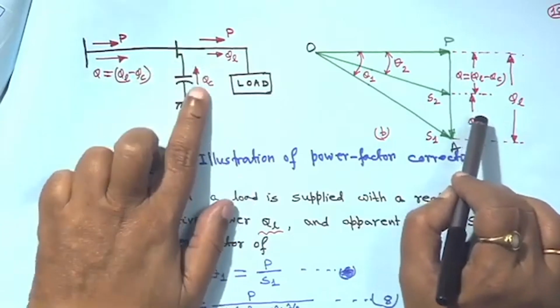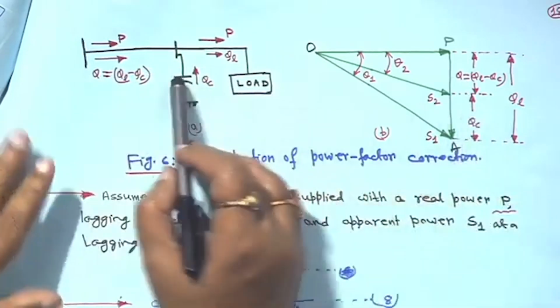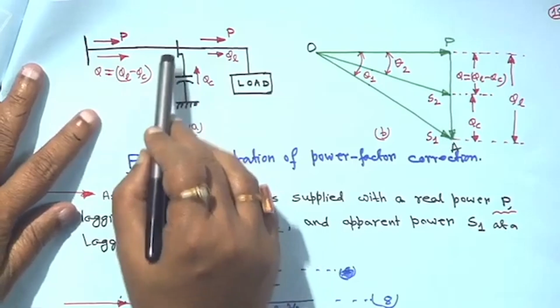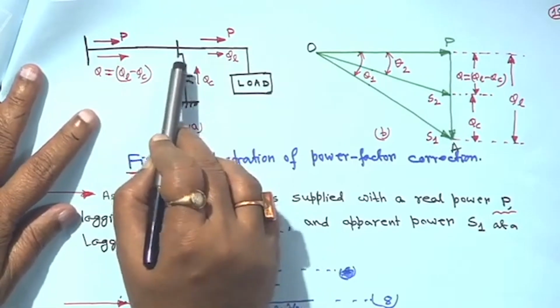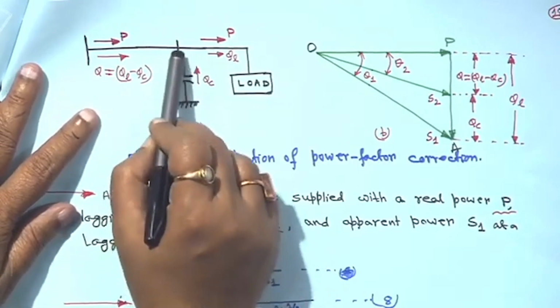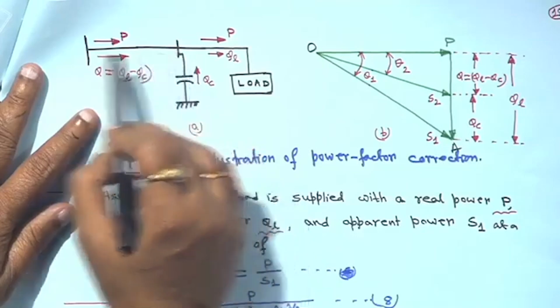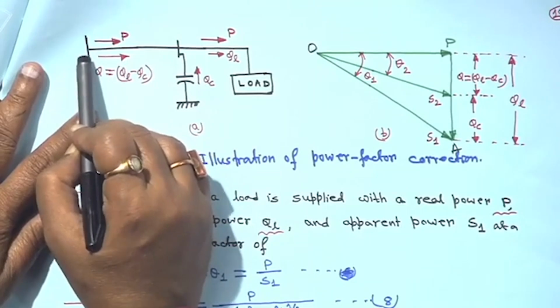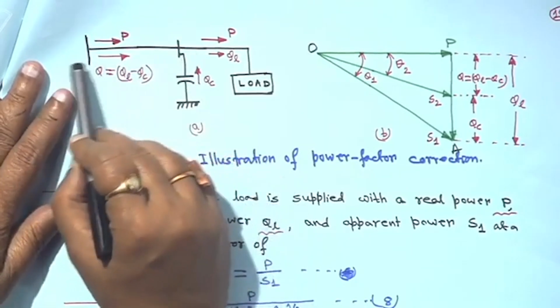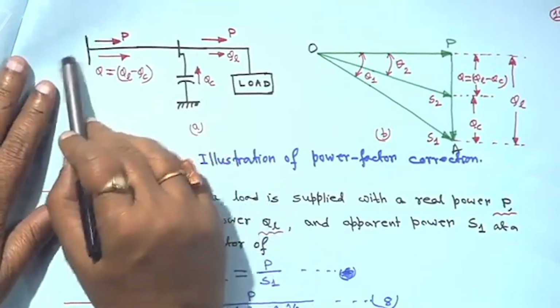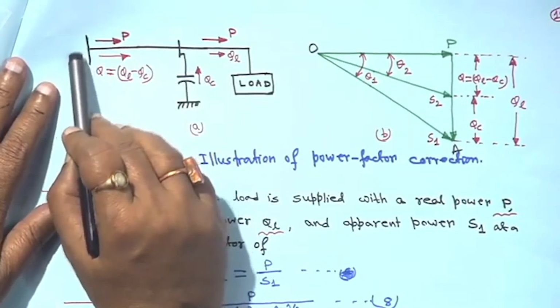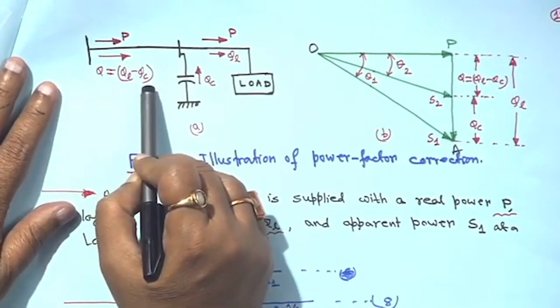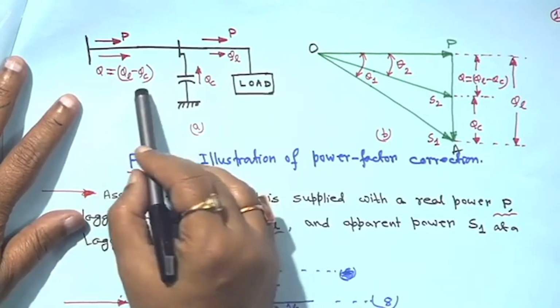Now suppose this Q_C is connected. As soon as Q_C is connected, the capacitive current will flow from the connecting node toward the source. This side is the source. So the effective Q which will come from the grid or the source will be Q_L minus Q_C.